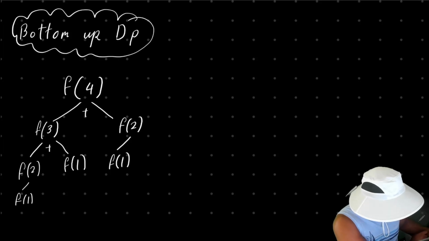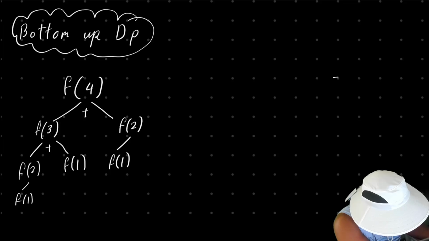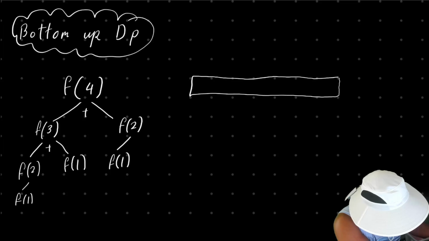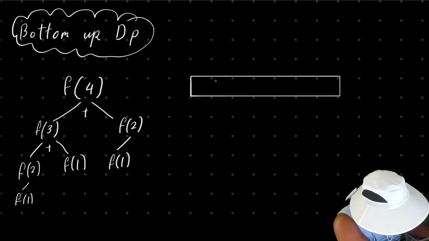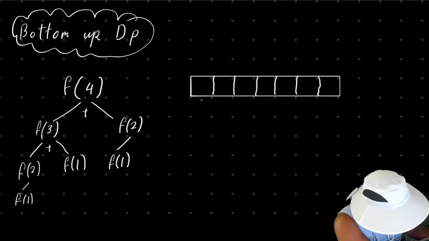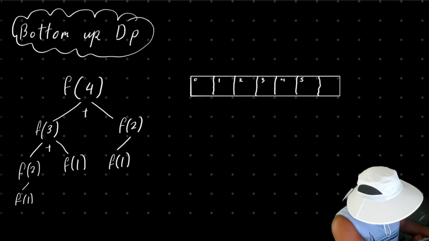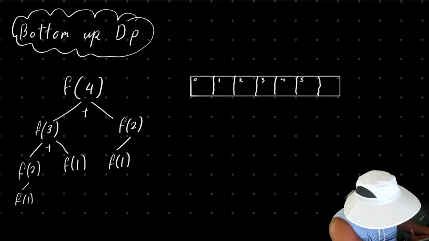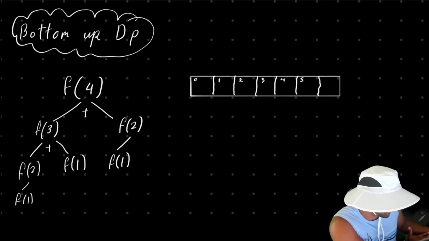Now what I could do is build an array, where the indices represent n. So the indices are 0, 1, 2, 3, 4, 5, and the number inside the array will be the number of ways to climb the staircase.